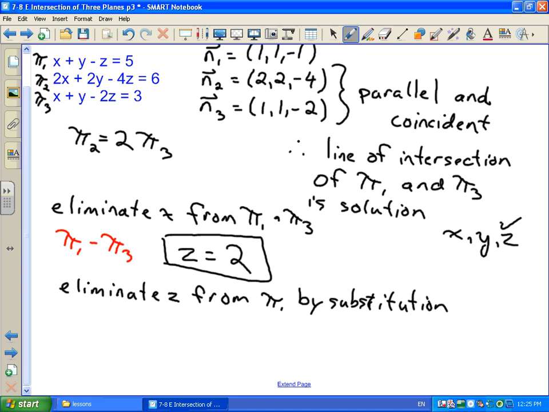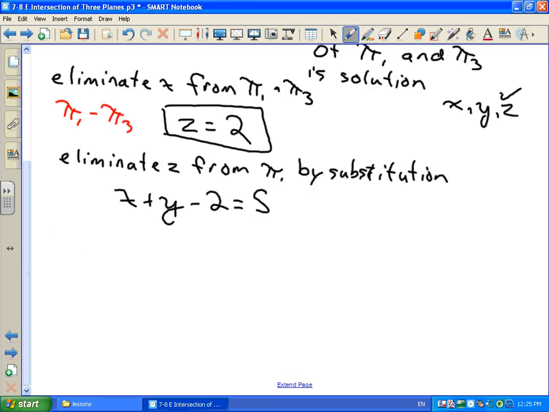So I'm going to get x plus y minus 2 equals 5. Okay, this is from plane 1. And what I'm going for, remember, are expressions for x, y, and z. So let's get an expression for x here. It doesn't really matter which way I go. So I'll get x equals, I add the 2 on that side, 7 minus y.